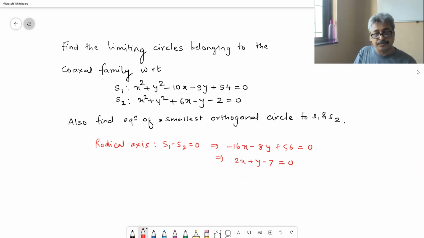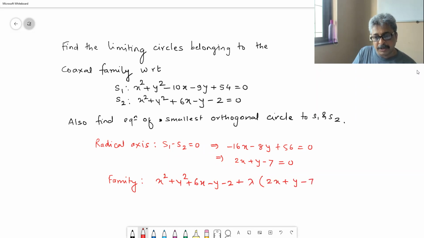Now you want a zero radius circle out of this family. So maybe S2 has some little smaller numbers. Therefore, the family is given by x square plus y square plus 6x minus y minus 2 plus lambda times 2x plus y minus 7 is equal to 0. These are the coaxial family of circles with respect to S1 and S2.